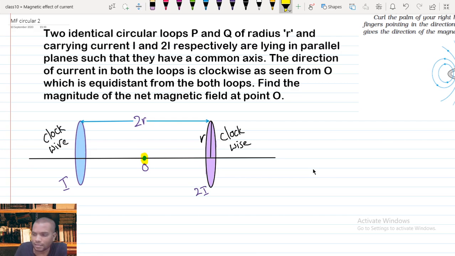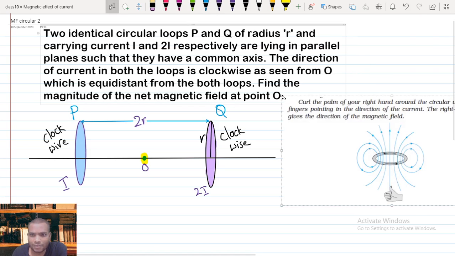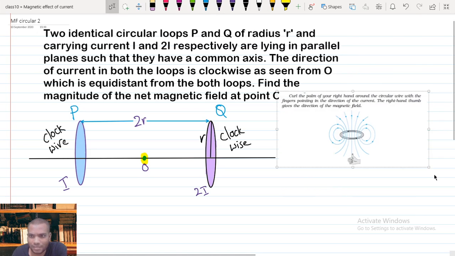Suppose I take this loop as P and this as Q. Before solving for the magnitude of the magnetic field, we need to find the resultant direction of the magnetic field, because the magnetic field is a vector.